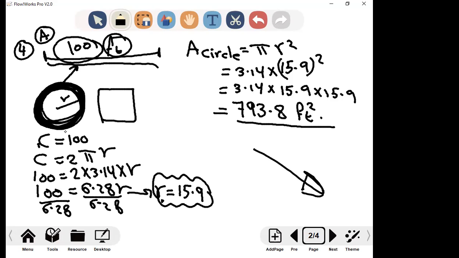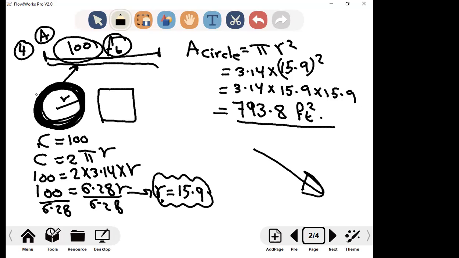This is part A, which says find the area of the circle if he decides to make it a circle, or the area of the square if he decides to make it a square. So here, to find the area of the circle, I need the radius. Now, I don't have the radius, I don't have anything. I have only the length of the line or the piece which I will make the circle.